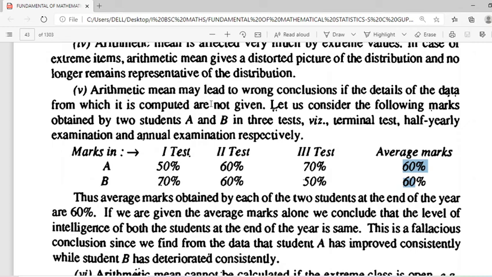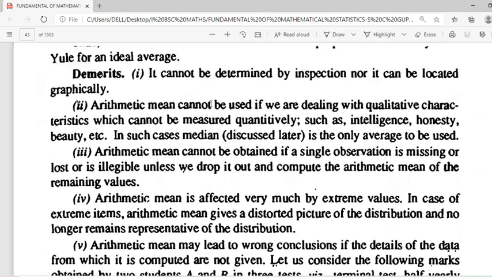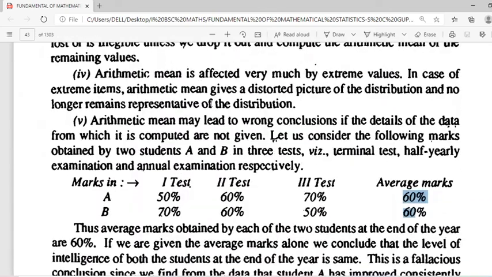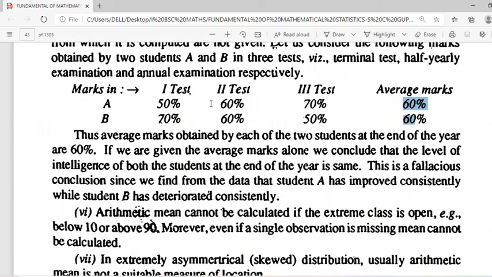Sometimes wrong conclusions may be drawn based on this type of central tendency, and that will lead to wrong, false decisions. So that is a disadvantage. We are discussing the merits and demerits, so that is the disadvantage of arithmetic mean. You can read all these terms.